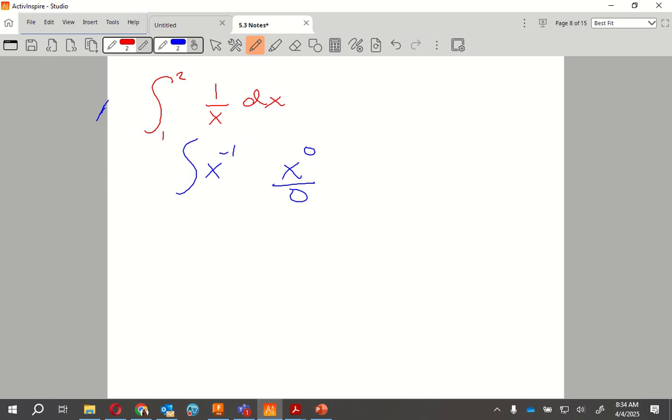So my integration does not work here, because the steps I have been doing every single time do not work here. That's the reason why, when we had 1 over x, because everything in math has an opposite that has to undo it.